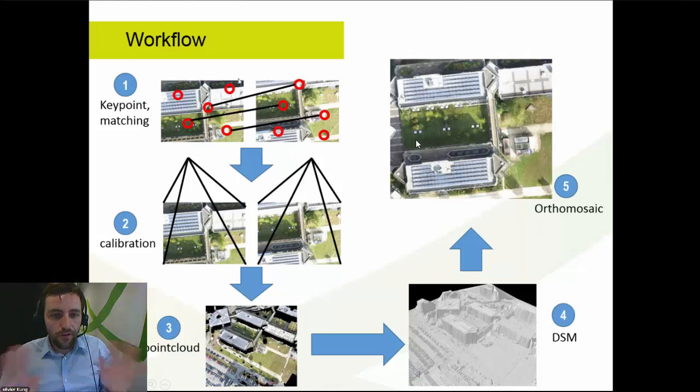So there are tons of webinars that we already did at Pix4D that you can look at on our YouTube channel, which explain over hours how this whole process works and what the effect is on the calibration and on the results. But basically, just as a quick overview, the images are analyzed.